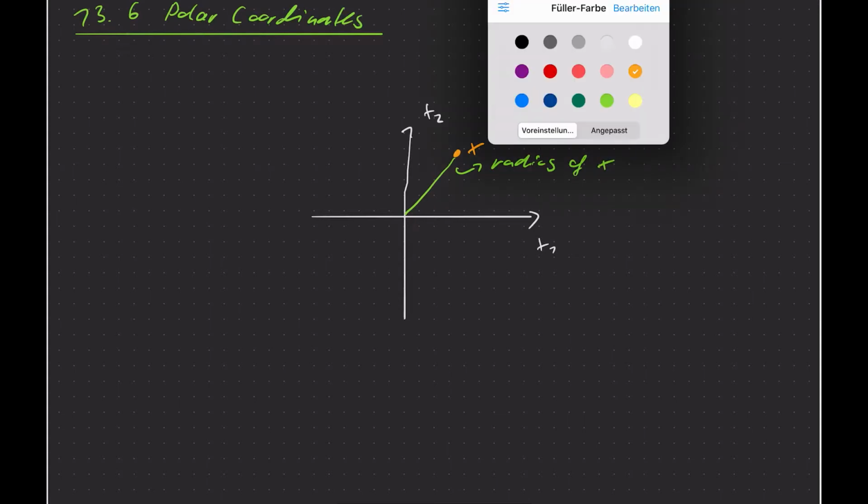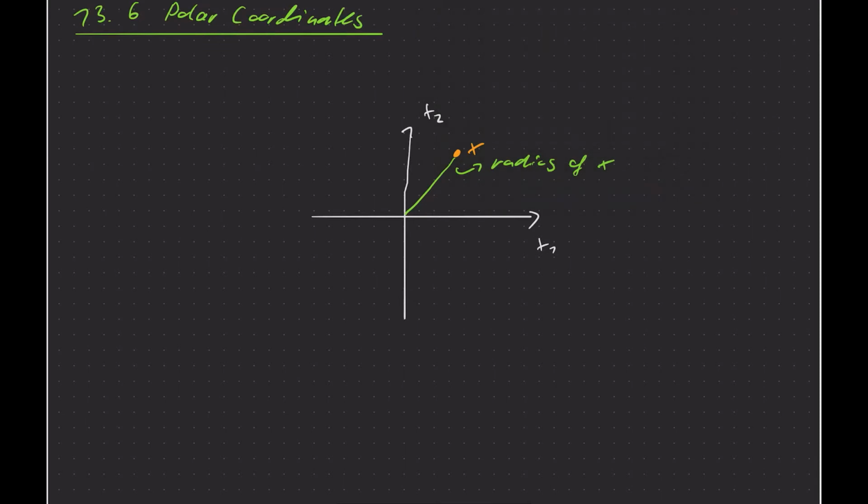And we're going to specify it through the angle between that line connecting x to the origin and the x1 axis. And this is going to be called the angle or argument of x. And of course, through specifying these two things, the argument and the radius, you can again specify each point in the plane.